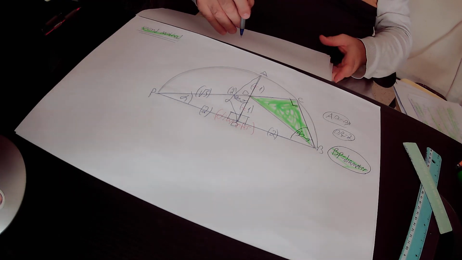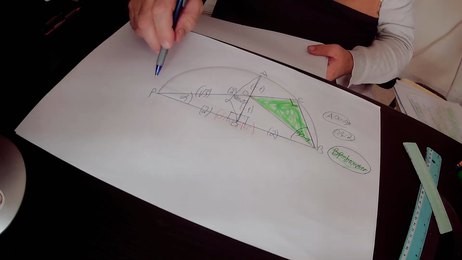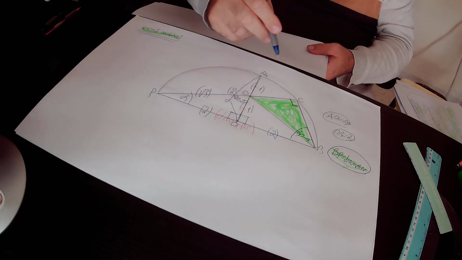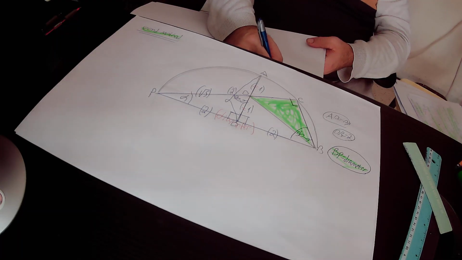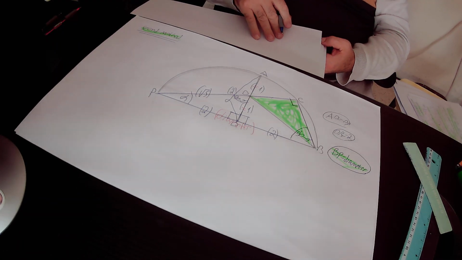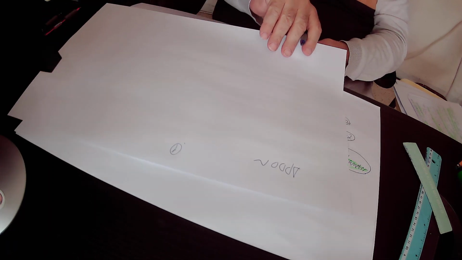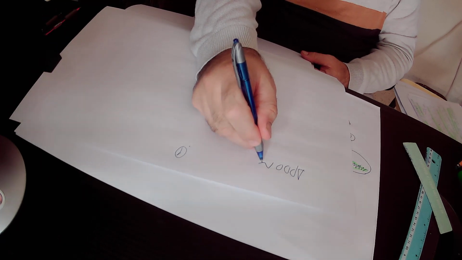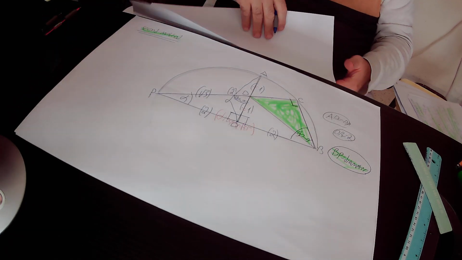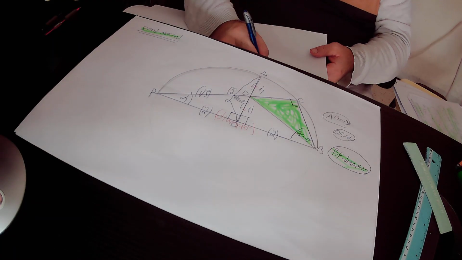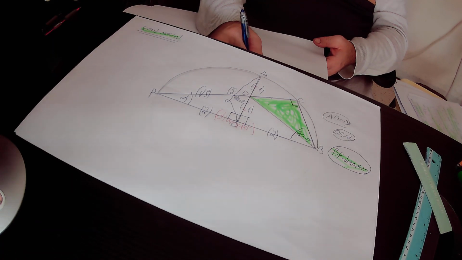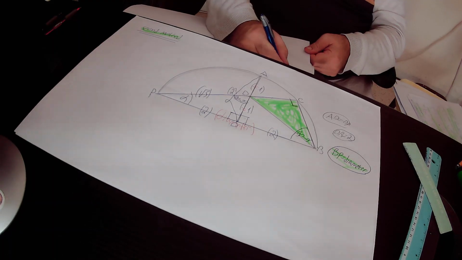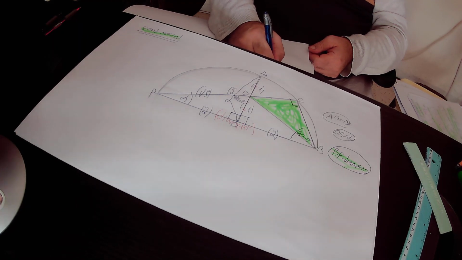So write it down. If we found out that this is the small right triangle PDO, it is similar, this is the sign of similar, to this big right triangle PCB according to the angle similarity rule.